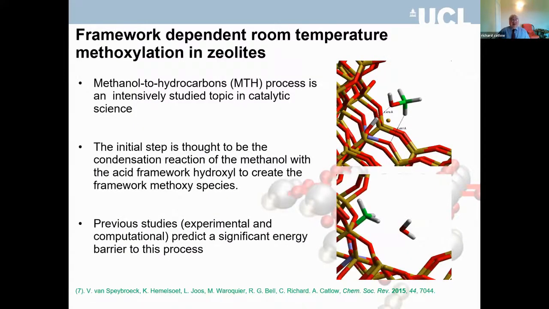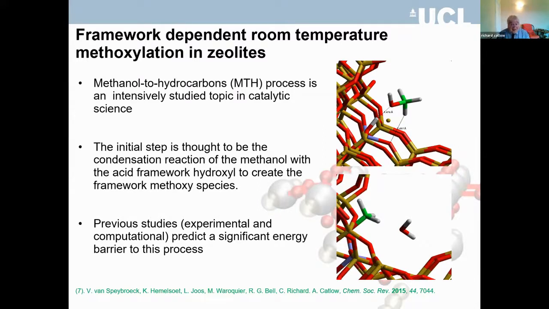So just a little bit of background, methanol to hydrocarbons. This is an intensively studied topic in catalytic science. This catalysis was first developed, I think, in the late 1970s, but with recent changes in hydrocarbon feedstocks, it's become very topical again. You can feed methanol into this active zeolite, ZSM5, and it will convert the methanol into hydrocarbons in the gasoline range.